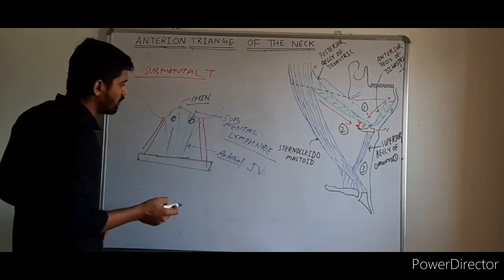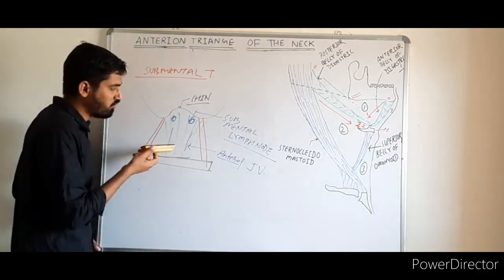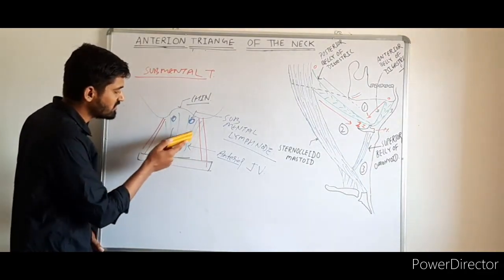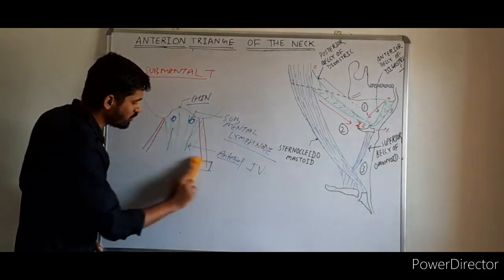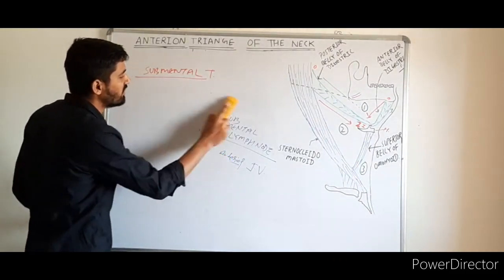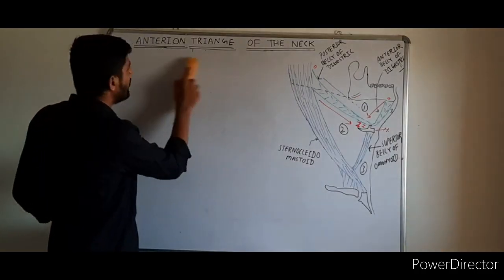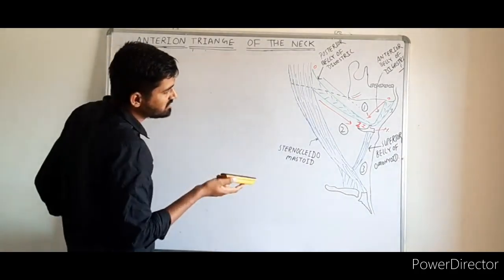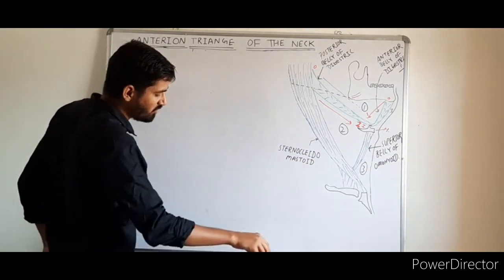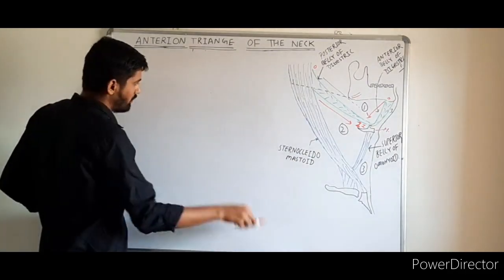So this is all about the submental triangle. And the floor is formed by mylohyoid. See, this is the floor. Already we discussed. And the roof is formed by the investing layer of deep cervical fascia.